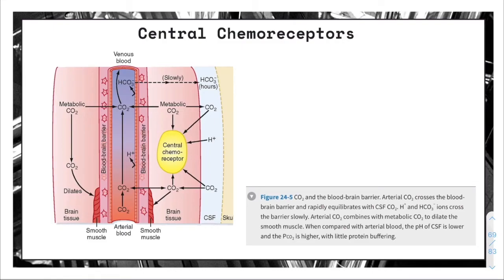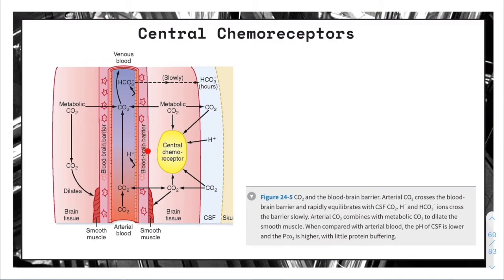What is more sensitive is your CO2 changes, which will stimulate your chemoreceptor to function. These are specialized cells in the ventrolateral surface of the medulla, which are sensitive to the pH of the surrounding extracellular fluid, and this is in contact with the CSF surrounding it.